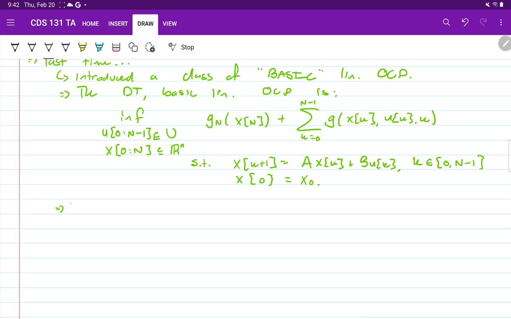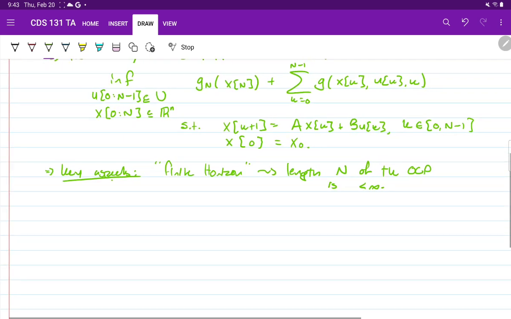So some key aspects were we have what's called a finite horizon. So we have a finite horizon, which refers to the length n of the optimal control problem being less than infinity, right? So we're only interested in doing some optimization over a finite period of time.